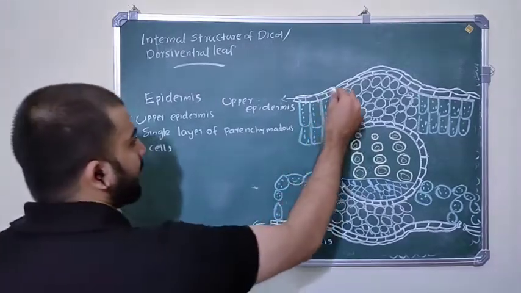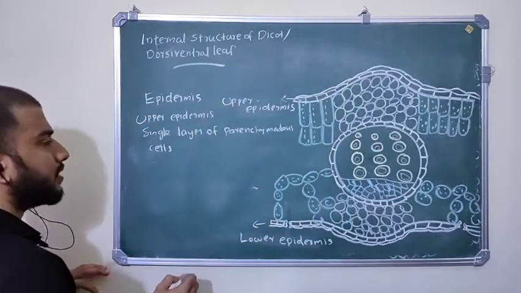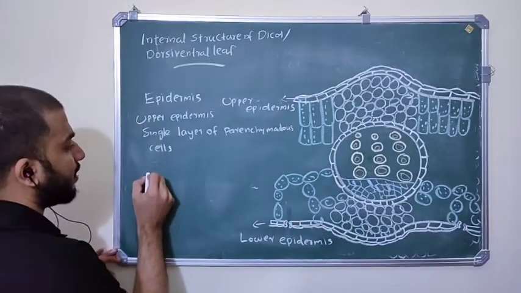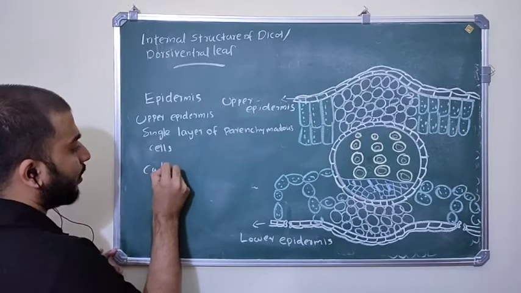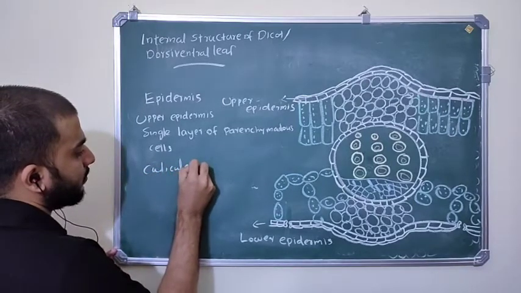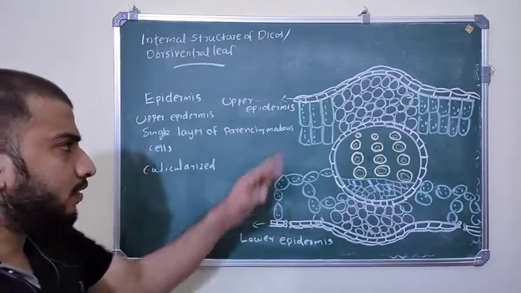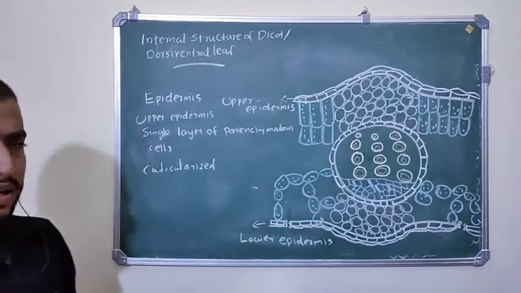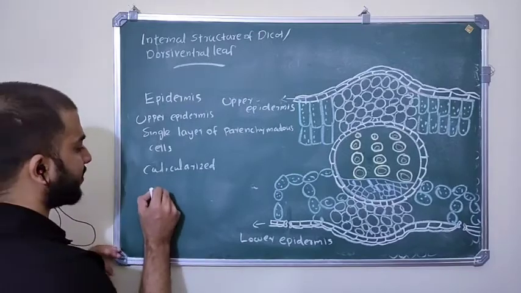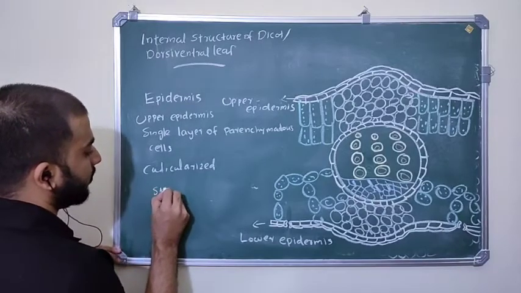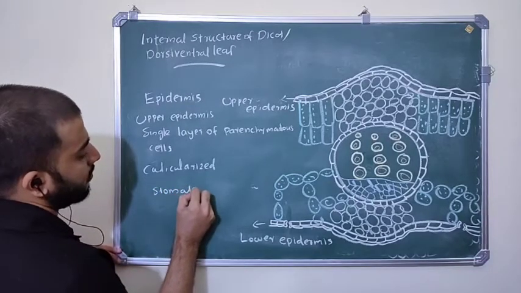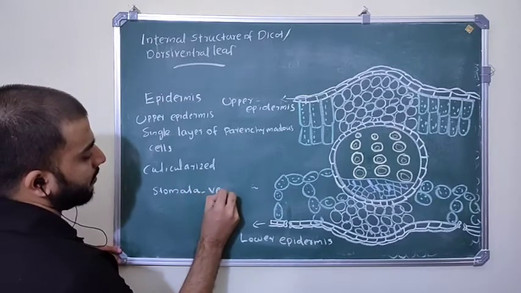On this epidermis, you can see the presence of cuticle, so the upper epidermis is cuticularized. And on this upper epidermis, stomata are present but in very less number.